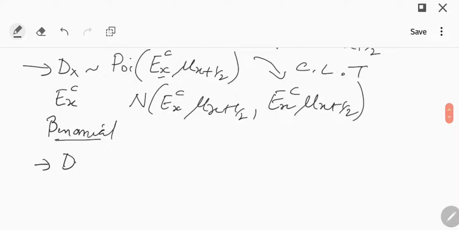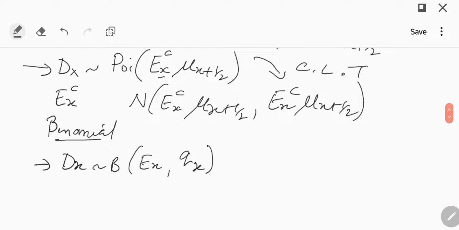So the deaths, which is the x, are following a binomial distribution with the exposed to risk E x c as the number, and I'll take the probability of death within the next 1 year. So this is the discrete probability of death within the next 1 year. So this is the model for the death.